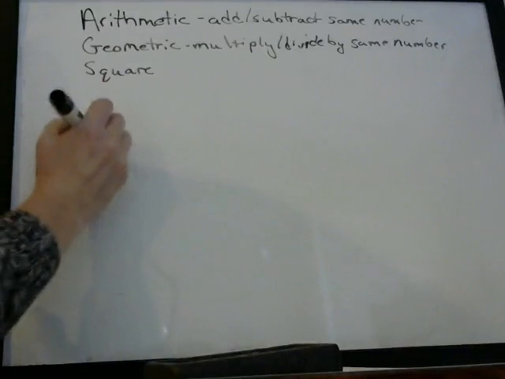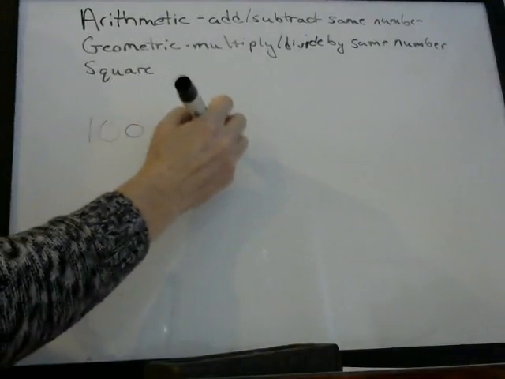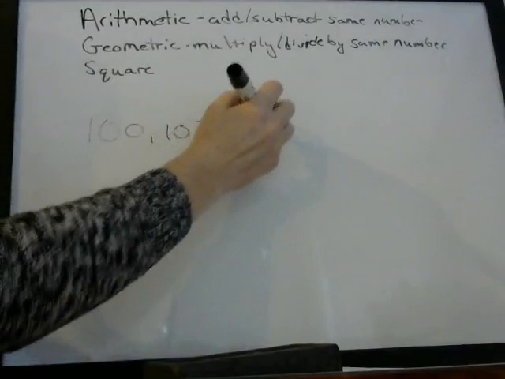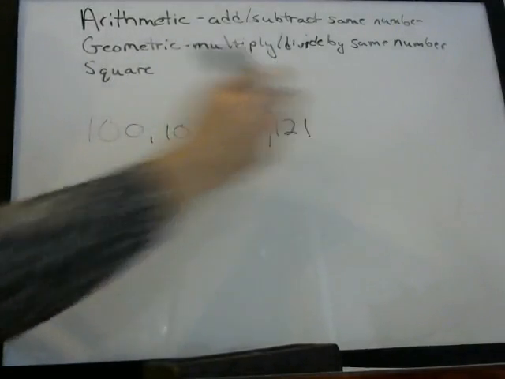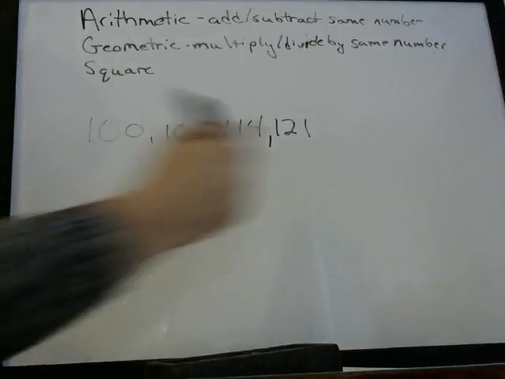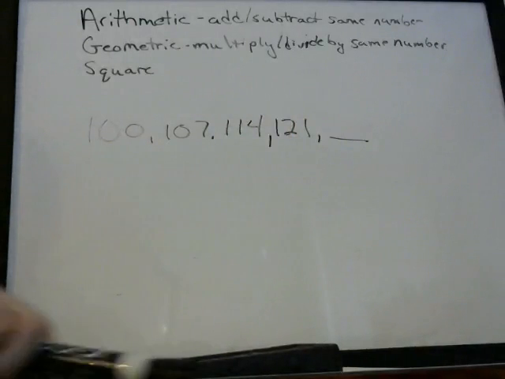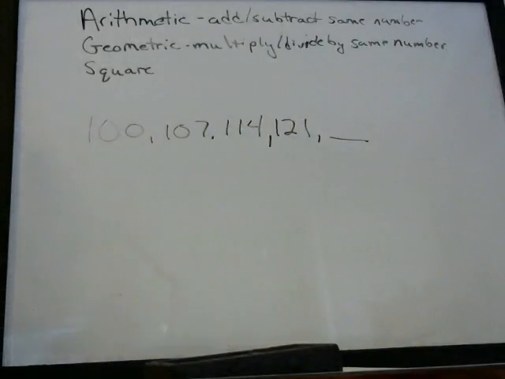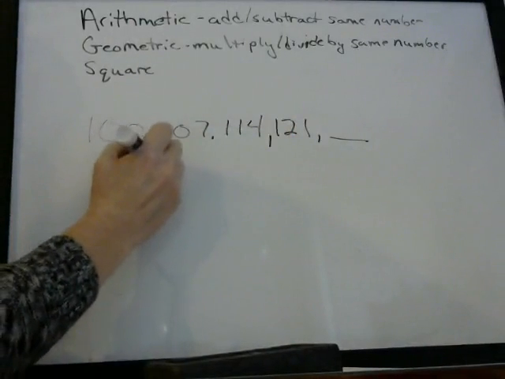Let's say we had this sequence, 100, 107, 114, 121. And the question is, what is the next number in this sequence? The first thing you want to look at is, is it arithmetic? How did we get from 100 to 107? We added 7.